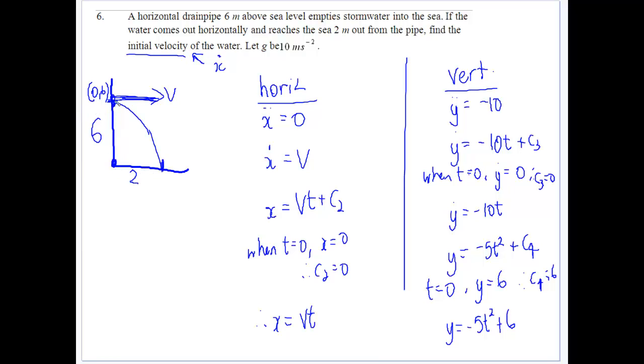The water comes out horizontally, which means there's no vertical velocity to start off with. So it's just all initially horizontal. It's 6 meters above the sea level, and it reaches 2 meters out there. So we're not starting from our origin position again.